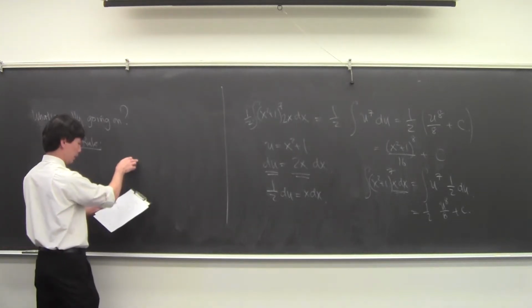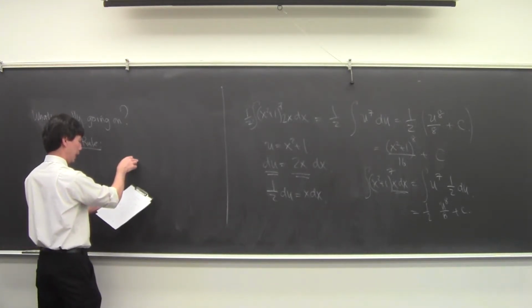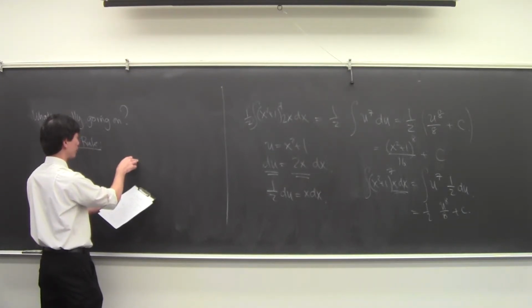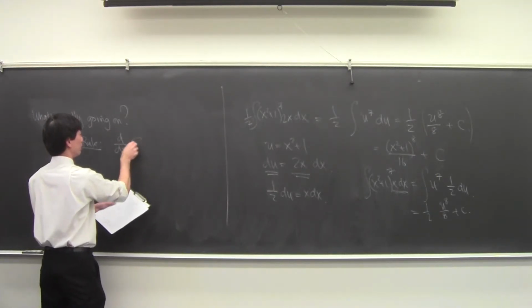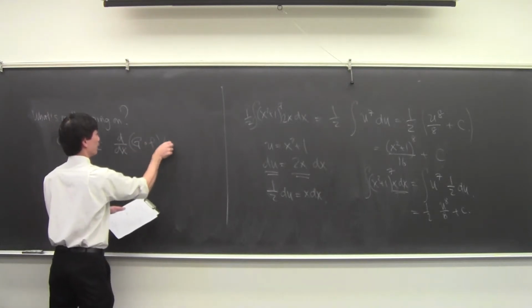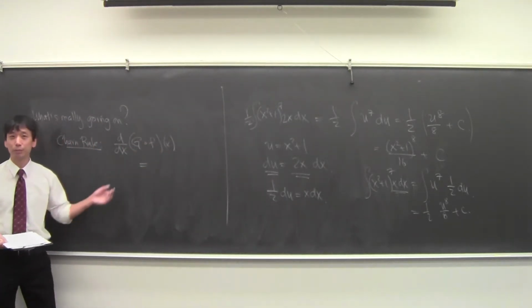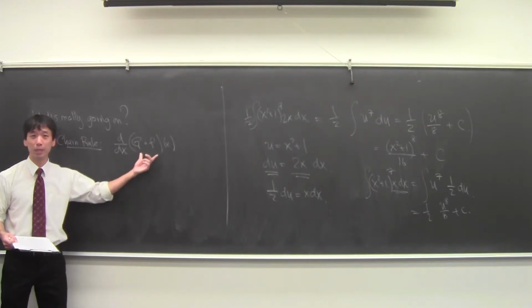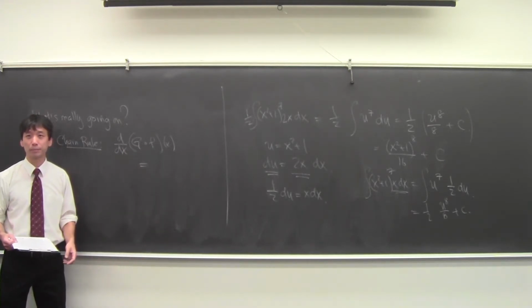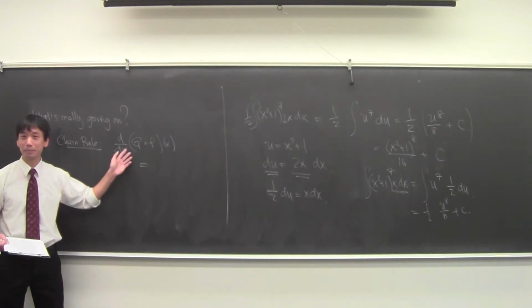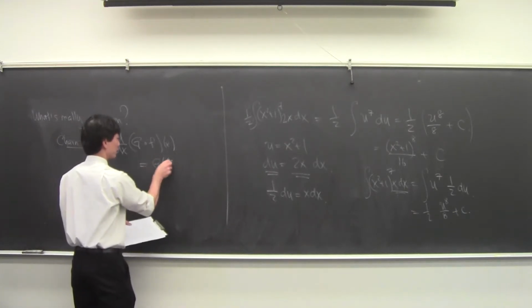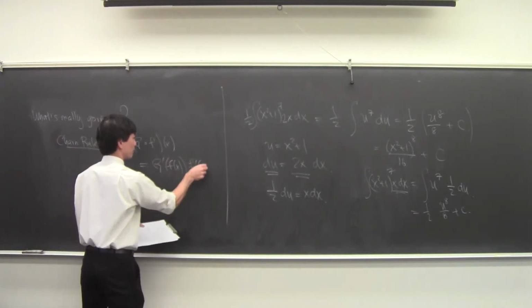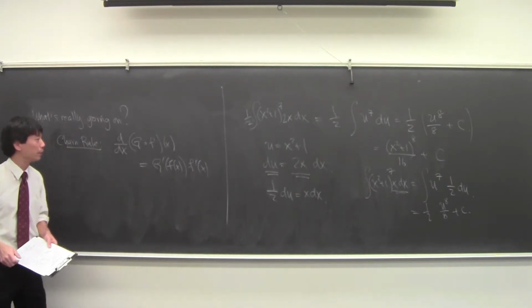Okay, so if I have the derivative of g composed with f, right? What does the chain rule say? That the derivative of a composition is going to be what? Hunter? G prime of x times f prime x. Right. G prime of f of x times f prime of x.